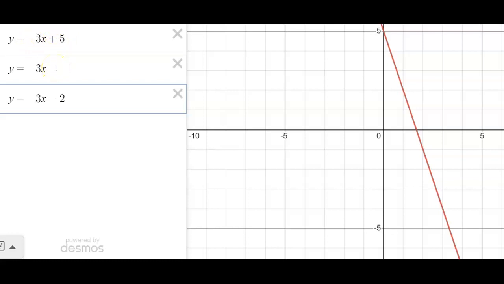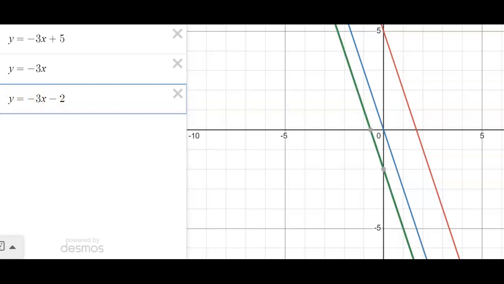Look what happens when we graph the second function, y equals -3 times x. What do you notice about this graph and this graph? And then do it again. Here's a third graph, y equals -3 times x minus 2.